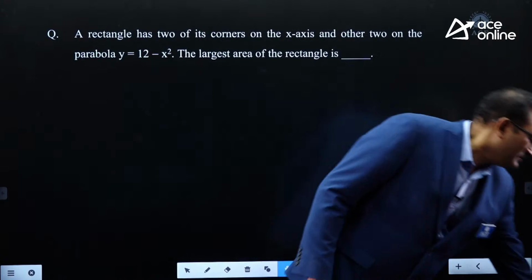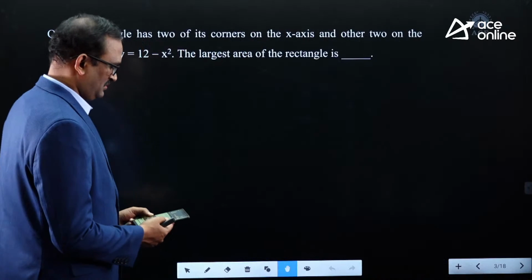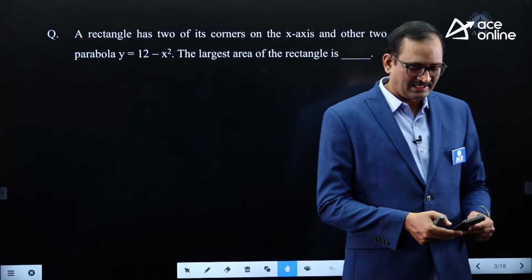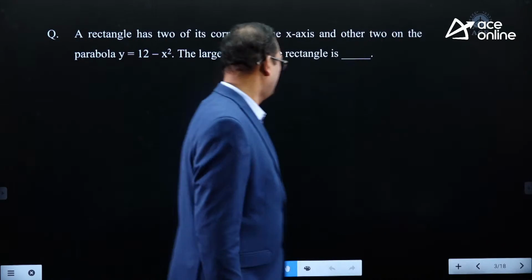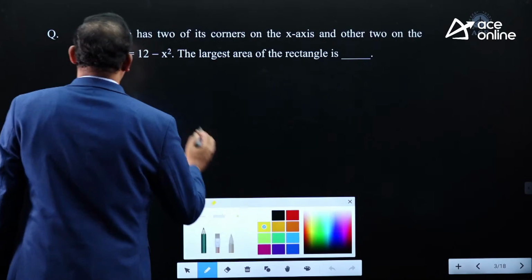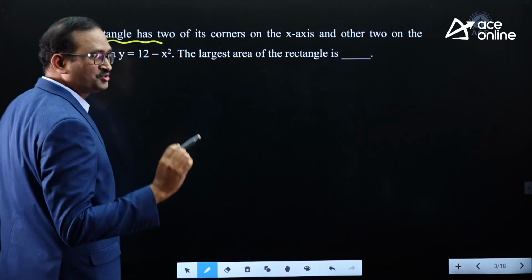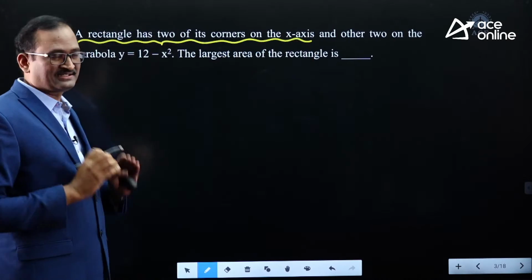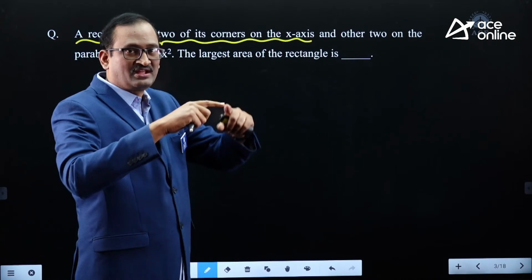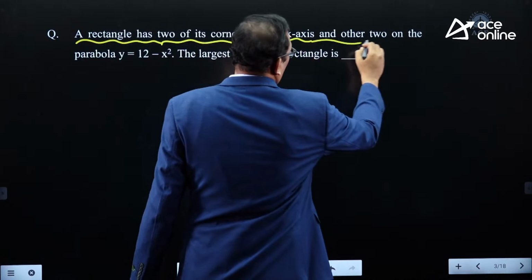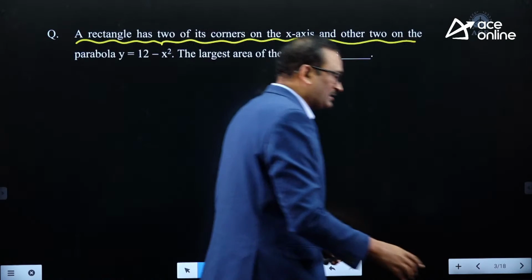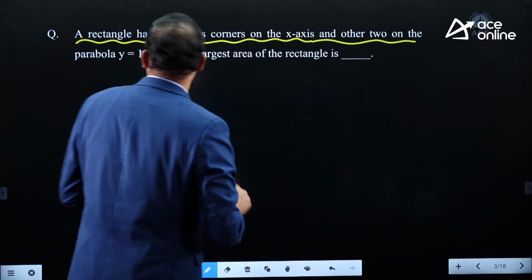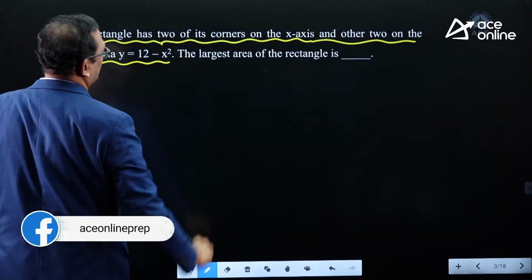Read this question, everyone. A rectangle has two of its corners on the x-axis, and the other two corners on the parabola y equal to 12 minus x square.